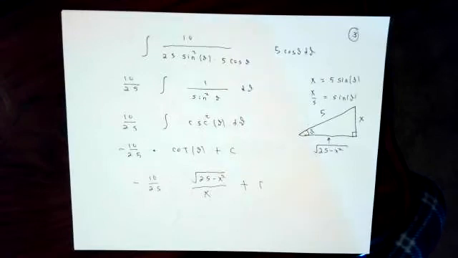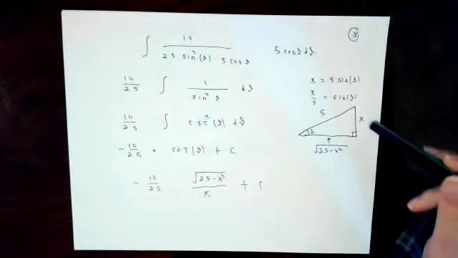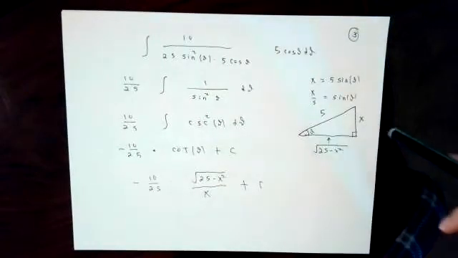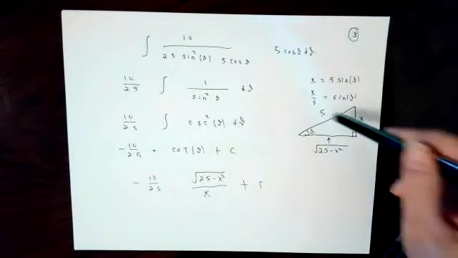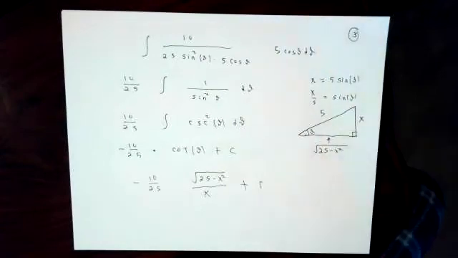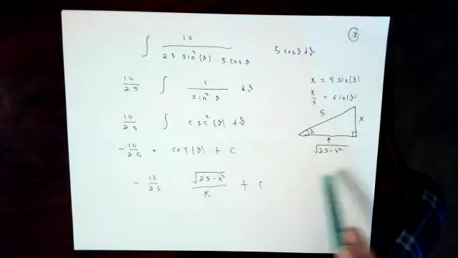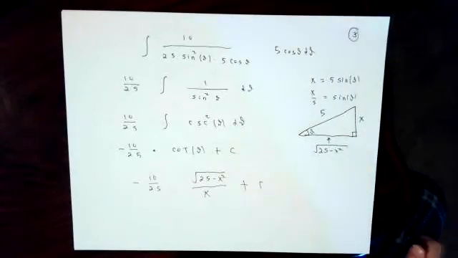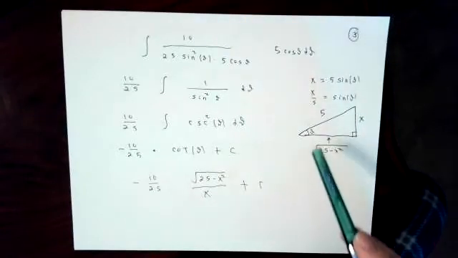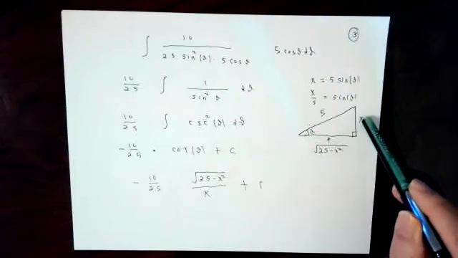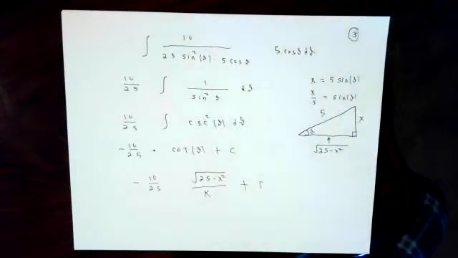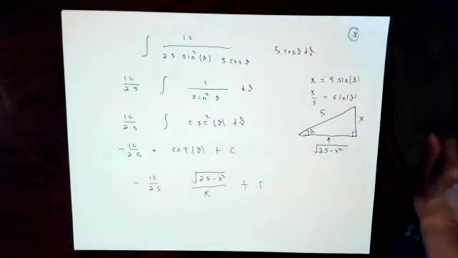Make up the easiest triangle so that the opposite over hypotenuse will come up what you need it to be. I put theta here. I'll call this number x and that number 5. From the Pythagorean theorem, you can figure out the other side. By doing it like this, sine of theta is x divided by 5, like it's supposed to be.